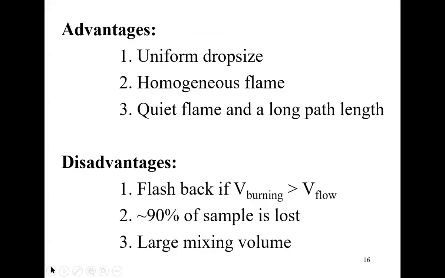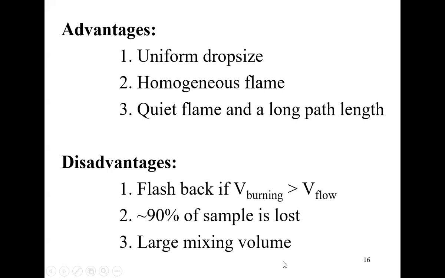We talked about the advantages and the disadvantages of flame atomizers. Usually, with flame atomizers, if you have uniform drop sizes when you do atomization, you have a homogeneous flame and a long path length.